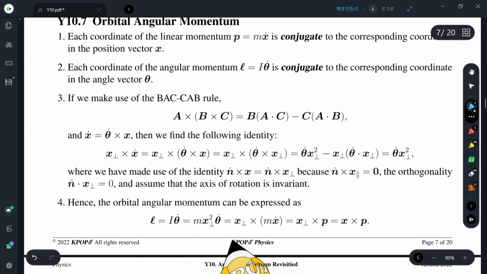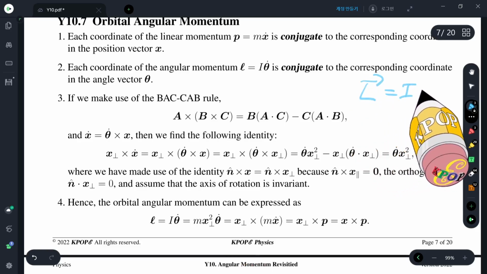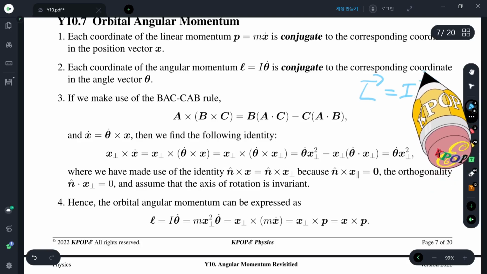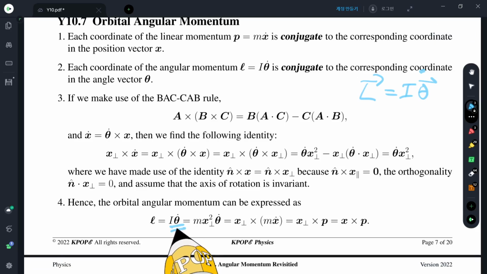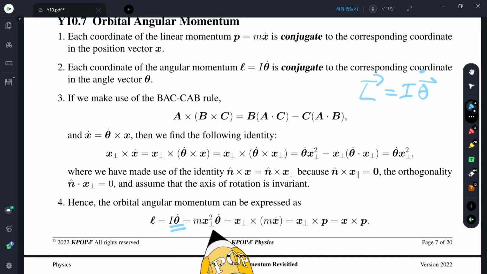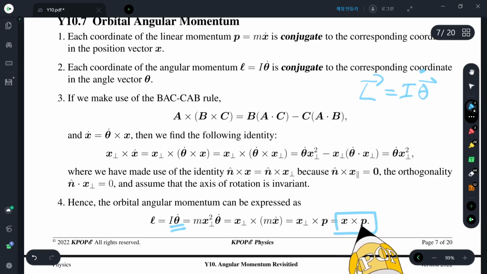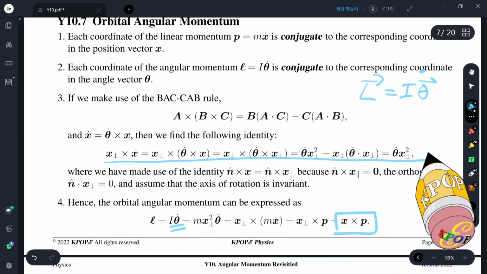Orbital angular momentum L equals I omega or theta dot, that can always be expressed as m lever arm squared multiplied by the theta dot. And if we rewrite this one, we can find that it is x cross p. Detailed calculations are given in here.